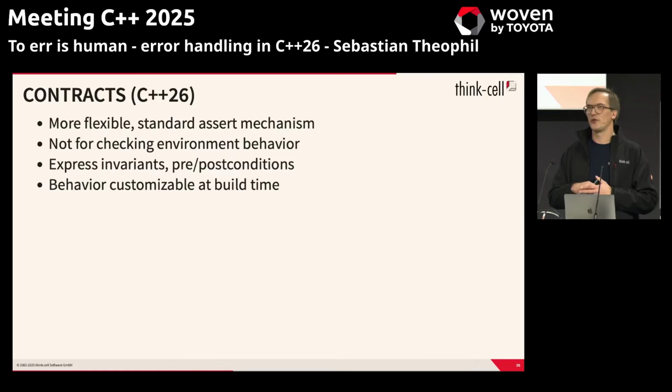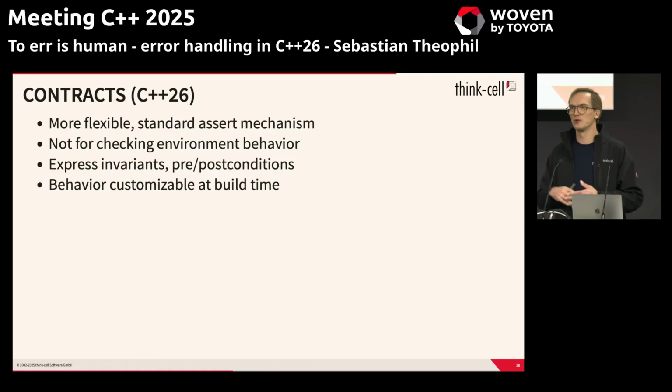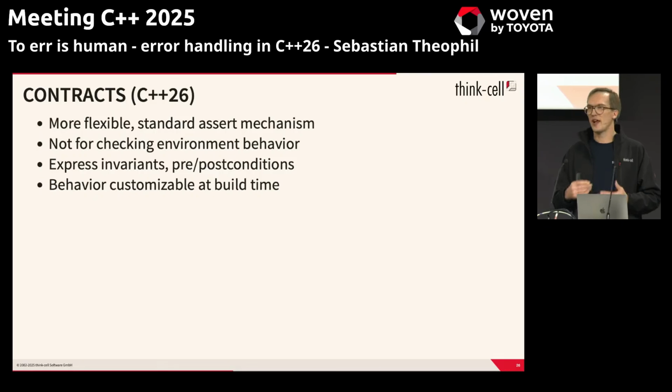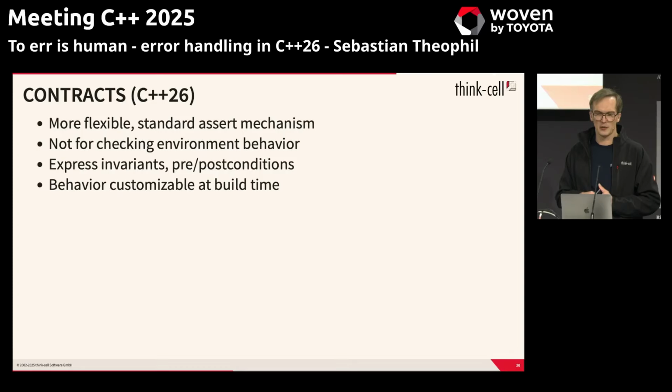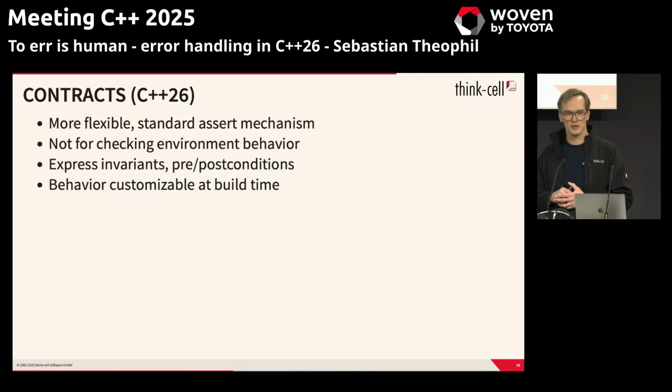And contracts are not for handling environment errors. We won't use contracts to check return values of functions, but it's a more flexible and the new standard assert mechanism. And we will be using it in the place of the old C-style assert macro. It allows us to express invariants and pre- and postconditions on functions.